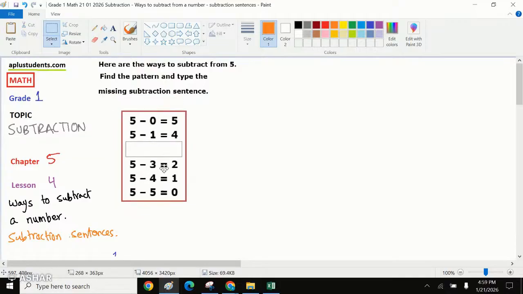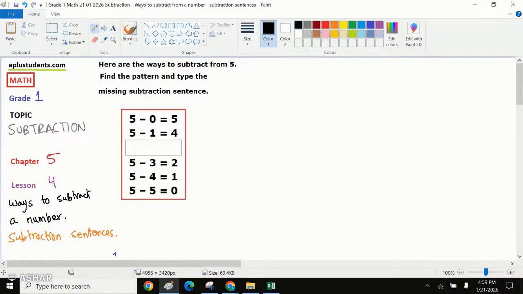So if these are the subtraction sentences that are given to us, let's have a look at the sentences. The first one was 5 minus 0. If we subtract 0 from 5, right? The answer stays as 5. Then if we subtract 5 minus 1, it would stay as 4. 5 minus 1 stays as 4, right?